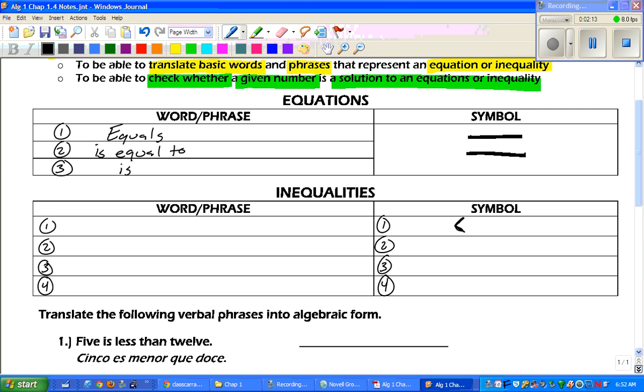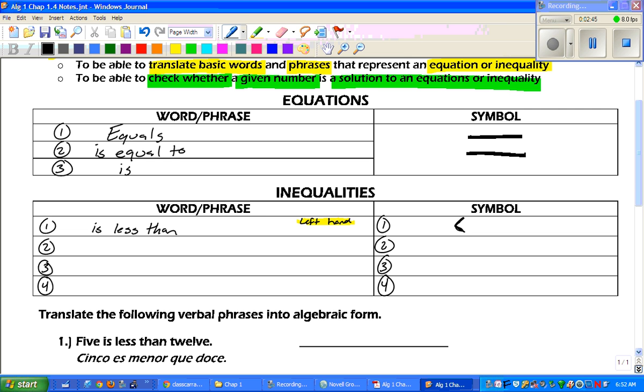You can't see me doing it, but I'm doing the same thing. When you make that symbol, you are using your left hand. So that's our little note that you're using your left hand to make this, and with your left hand, it looks like an L. So this is the is less than symbol.